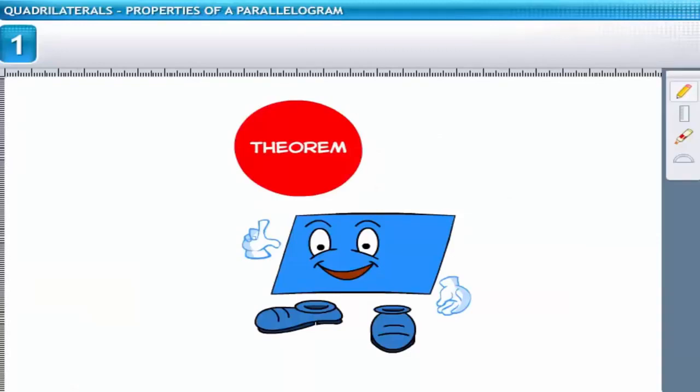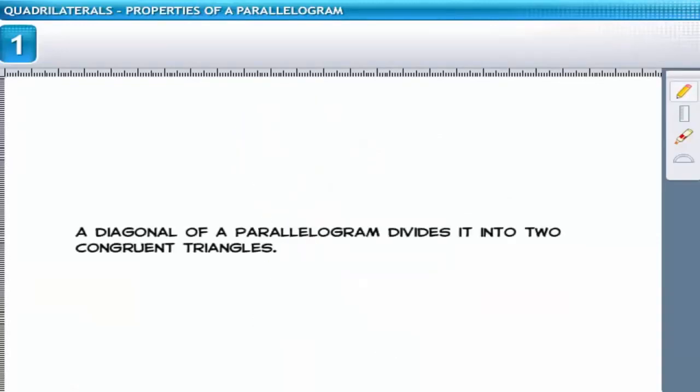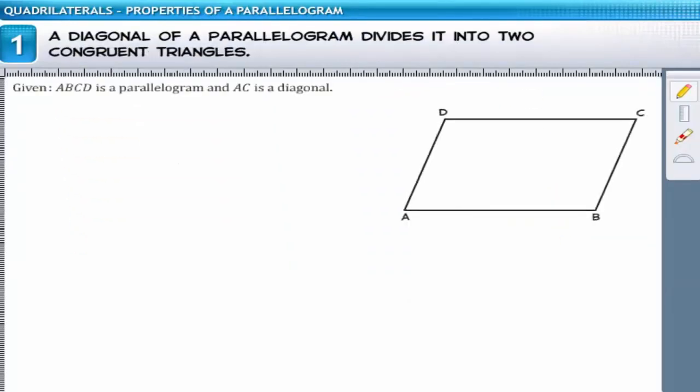First theorem we are going to prove is a diagonal of a parallelogram divides it into two congruent triangles. Consider a parallelogram ABCD and let AC be its diagonal. In order to prove that the diagonal AC divides the parallelogram into two congruent triangles, we will prove that triangle ABC is congruent to triangle CDA.